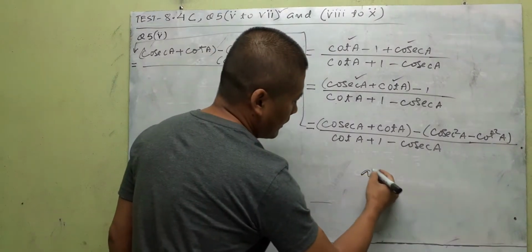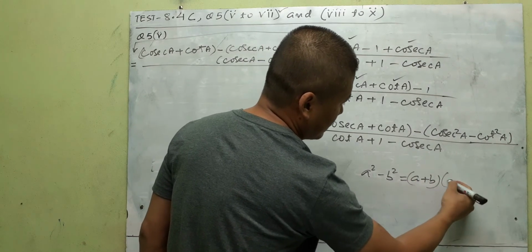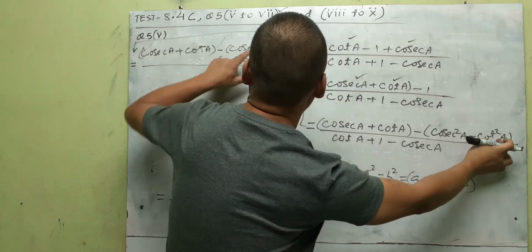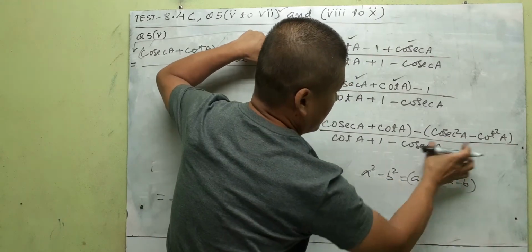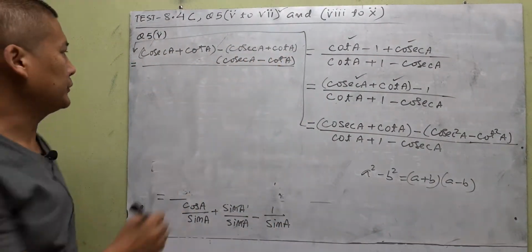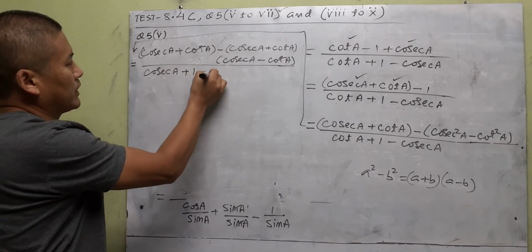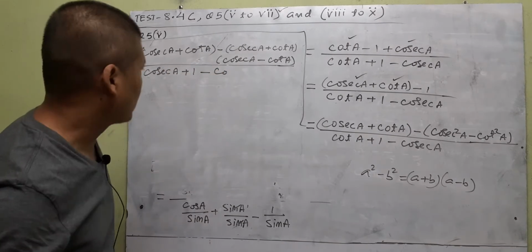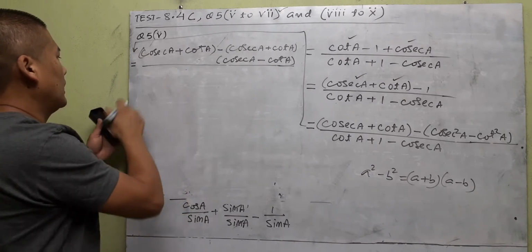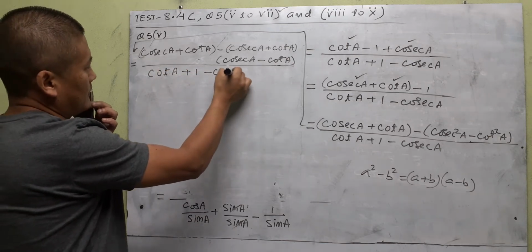See here, A square minus B square formula, very common formula that we know, A plus B into A minus B. So this is A square minus B square, so A plus B into A minus B, and close the bracket. Then down here we just keep it as it is for the time being, cosec A plus 1 minus cot A plus 1 minus cosec A.